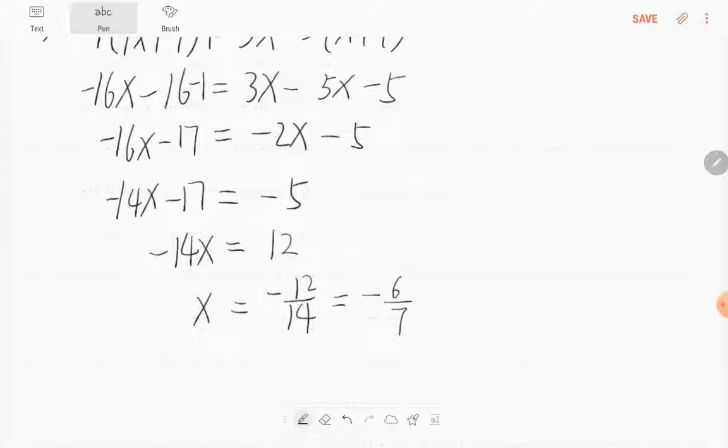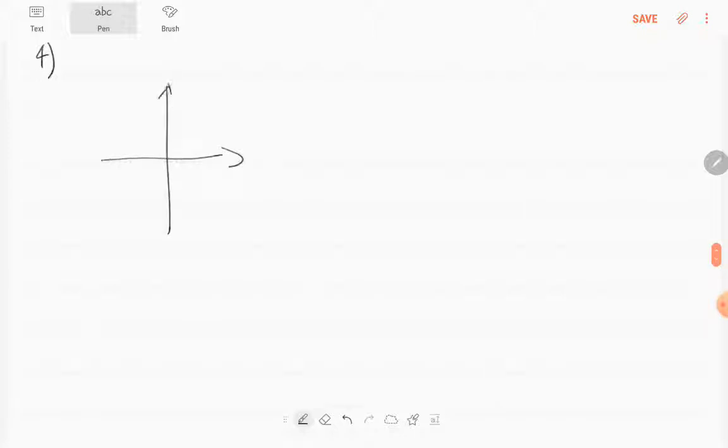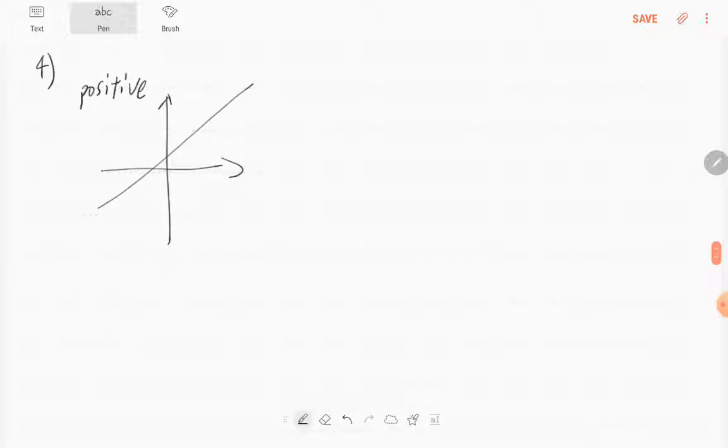Okay, so now let's look at the next one. Determine whether the slope of each line is positive, negative, 0, or undefined. So this is the first one. The slope is positive because the function goes up as x increases.